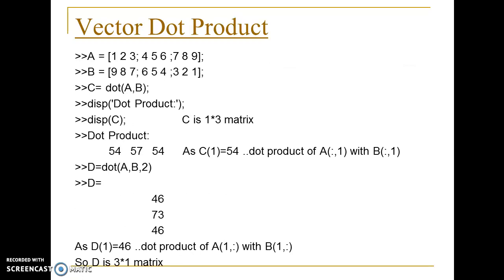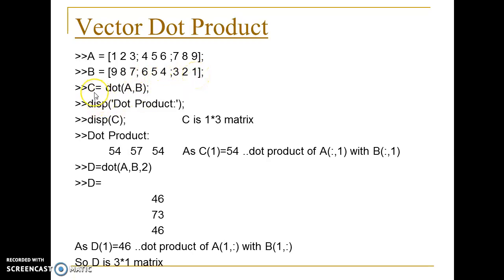Vector dot product. Now we consider another example. A is [1 2 3; 4 5 6; 7 8 9], which is nothing but a 3 by 3 matrix. B is similarly [9 8 7; 6 5 4; 3 2 1].